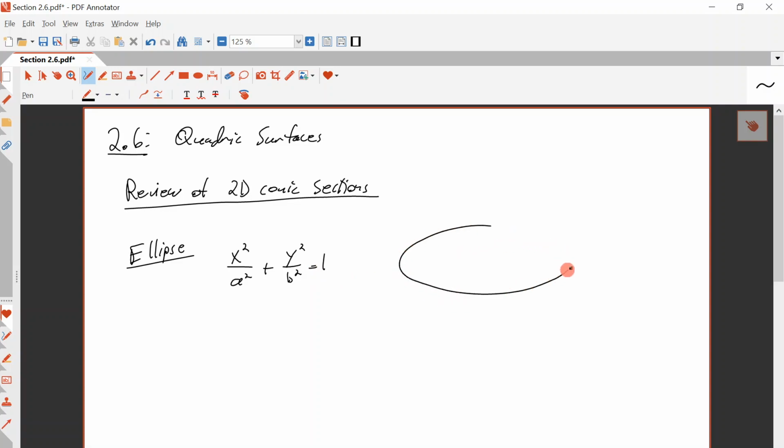All right, and that's this guy, x-axis, y-axis. I got it backwards. This is the x-axis and y-axis. And these points here are positive a, minus a, positive b, and minus b. All right, perhaps you remember that one.